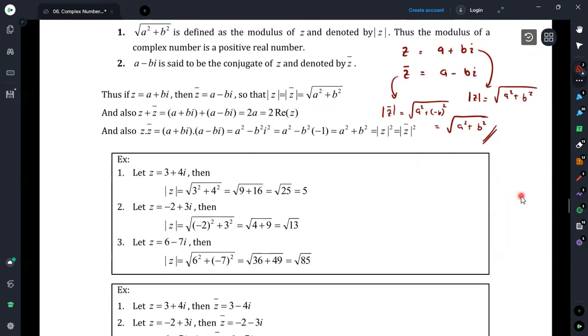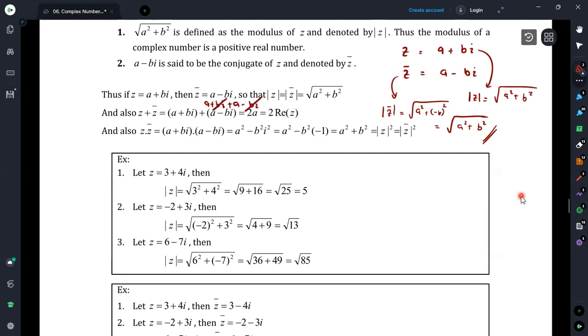Here we can show it in this way. Suppose we are adding the complex number and its conjugate: the complex number written as a plus b times i, added to a minus b times i, where a minus bi is the conjugate of the complex number. If you perform the calculation, you will get a plus bi plus a minus bi.